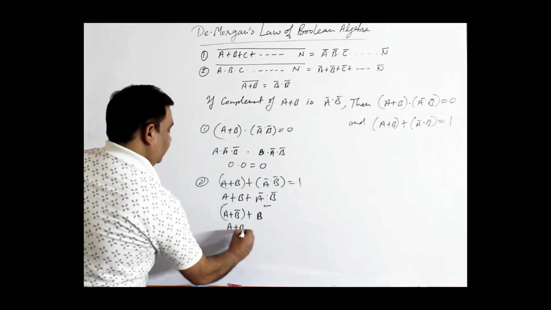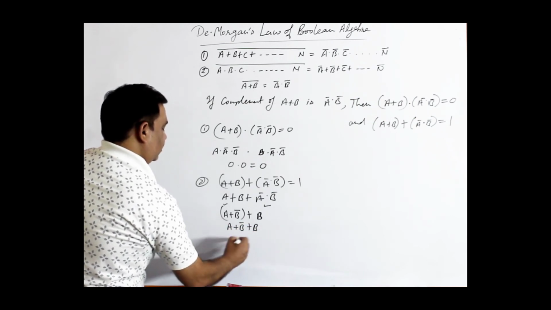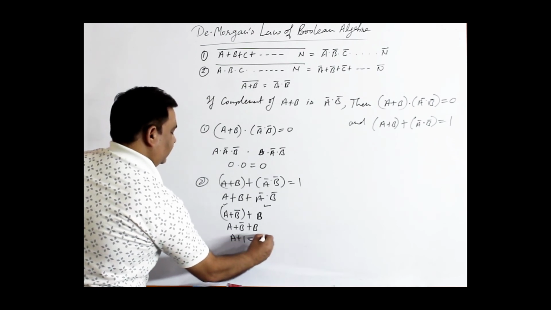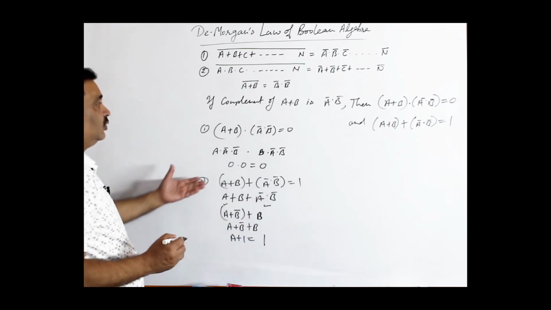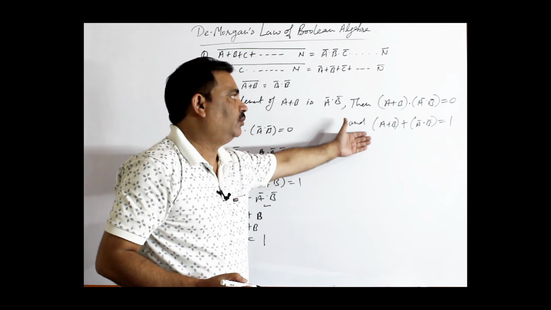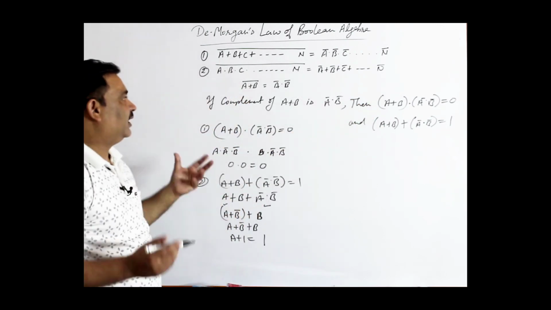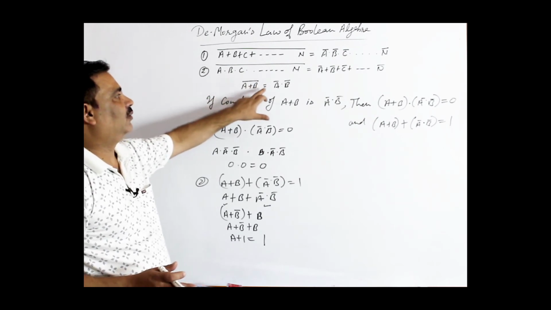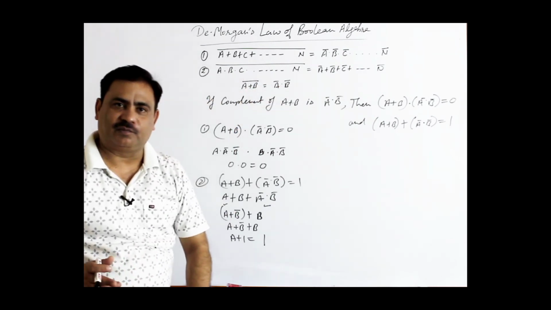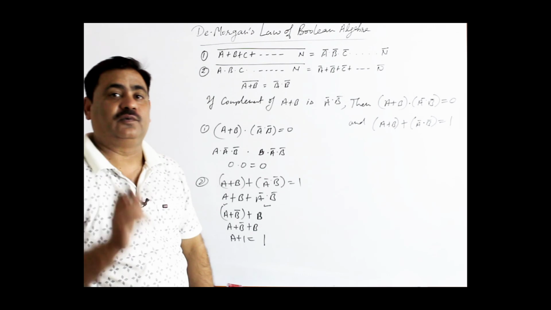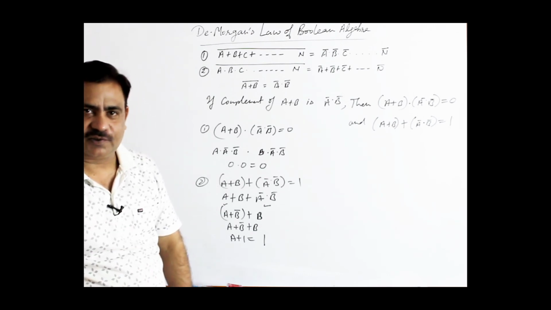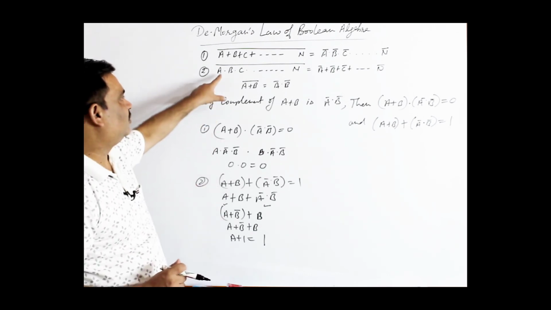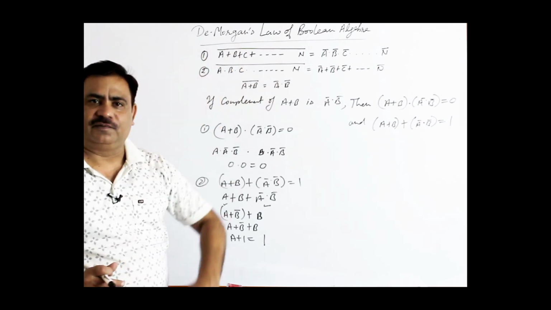So you can write A plus B complement plus B, and B plus B complement is 1. So A plus 1 equals 1, as proved. So the second equation is also proved. Both equations are proved, so we can say A plus B whole complement equals A complement dot B complement. This is the algebraic proof of De Morgan's theorem. In the same way, you can also prove the second law of De Morgan's.